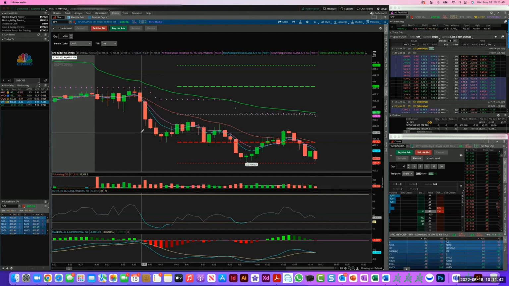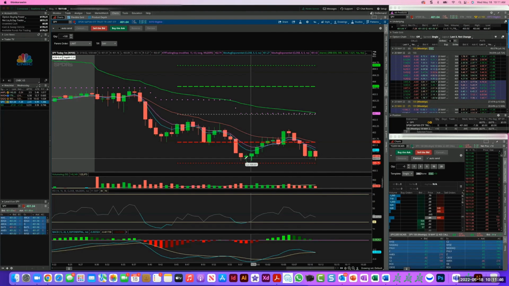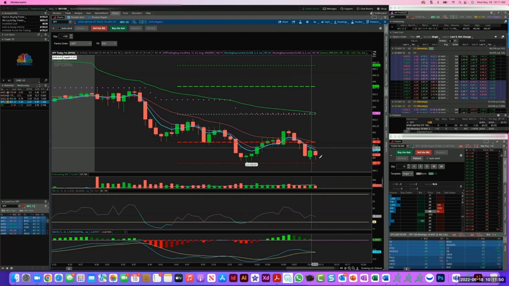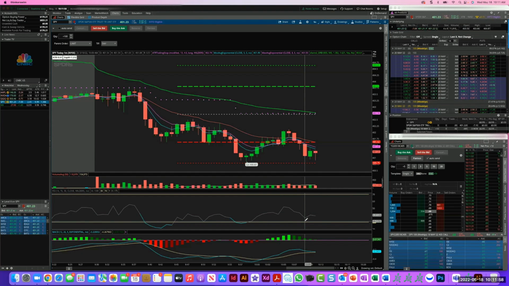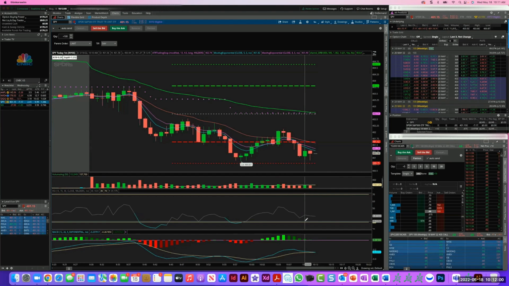So we still have a climbing VIX. So we could get a new low on the SPY. If we don't, that would signal some strength to the upside, given the fact that the VIX is moving up. All right, so we have a hammer on the 1 minute chart on SPY.